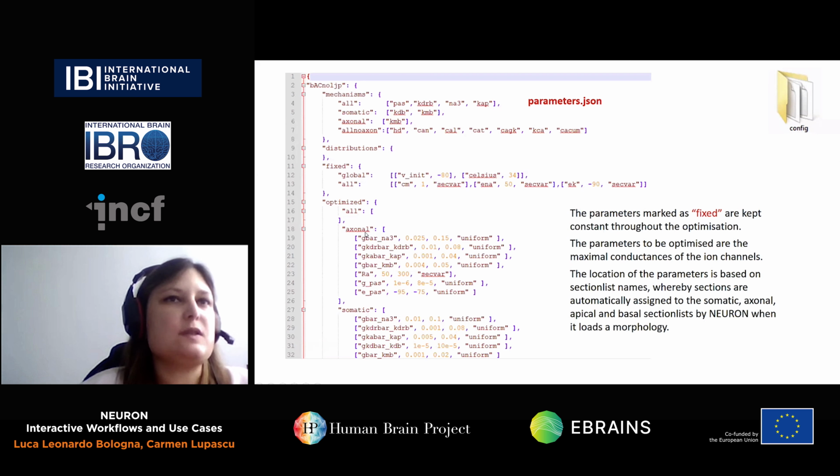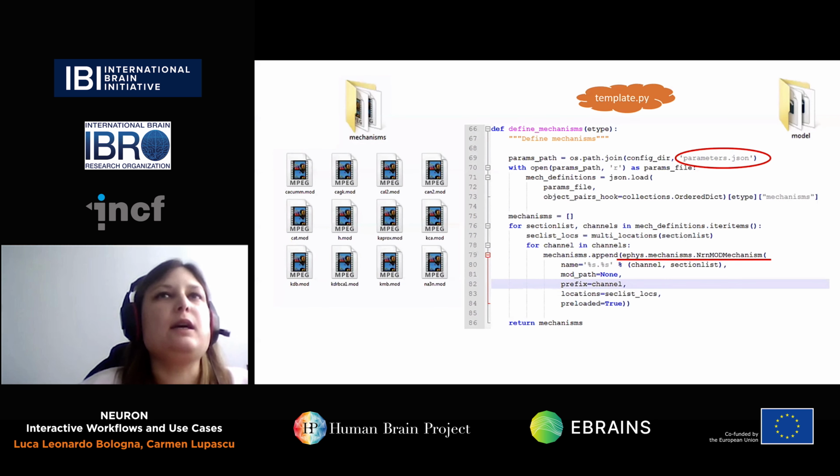So these sections are automatically assigned by NEURON to somatic, axonal, apical, and basal. And this is done when NEURON loads a morphology. At the end, of course, this parameters.json is read by the template Python file. And in the mechanisms folder, we will find the mod files, so the mechanisms.